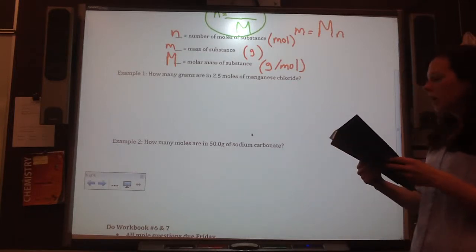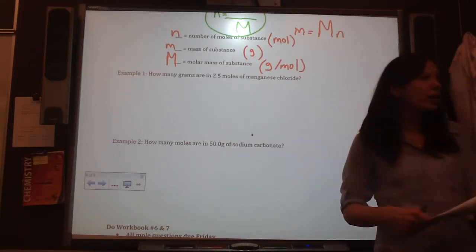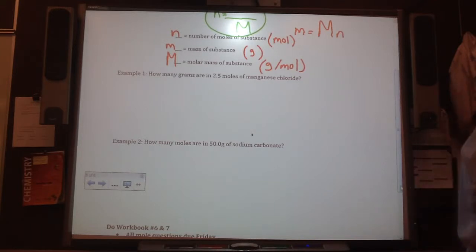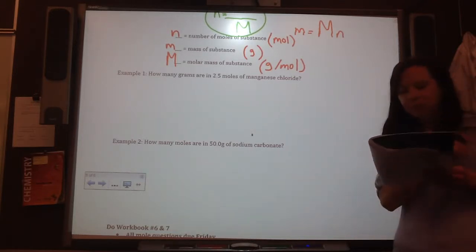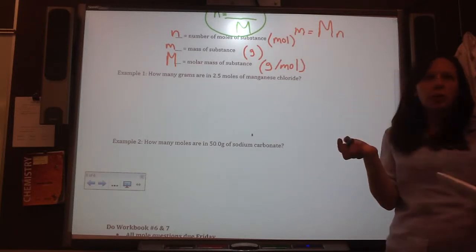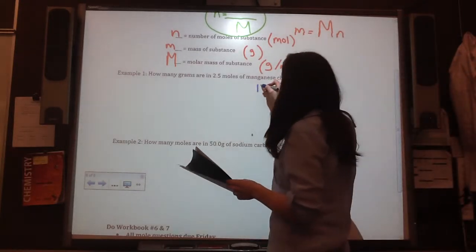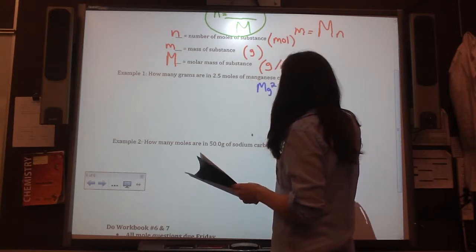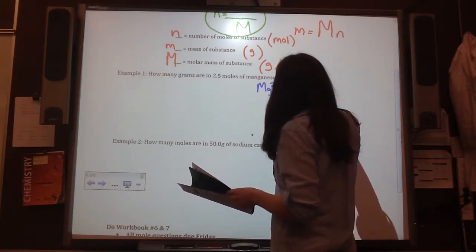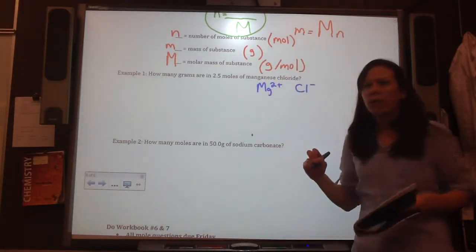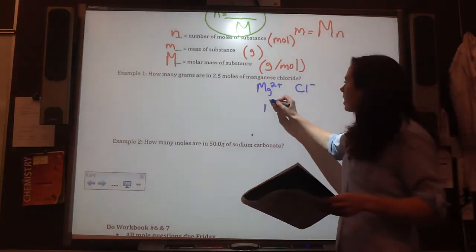How do we know which ion charge to use? Because there's two. They didn't tell us, so we use the most common one, which is 2+. So we're dealing with manganese 2+, and chloride is Cl-. So then our compound is MgCl2.